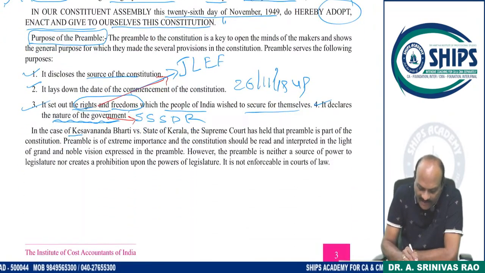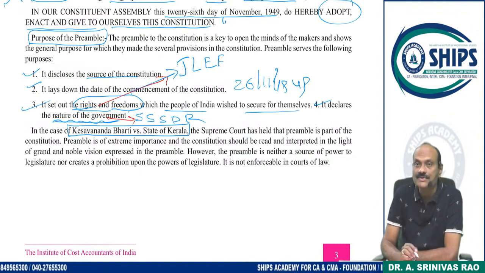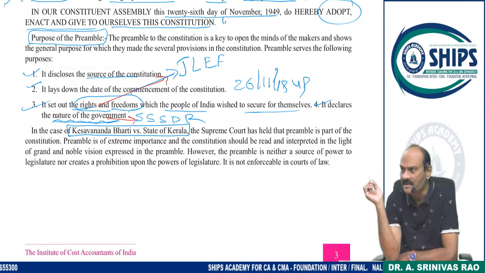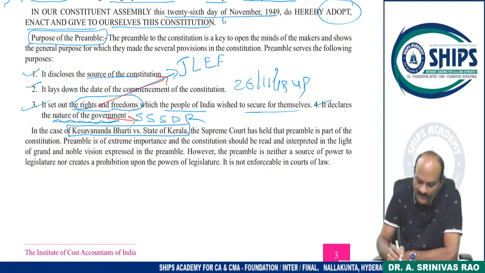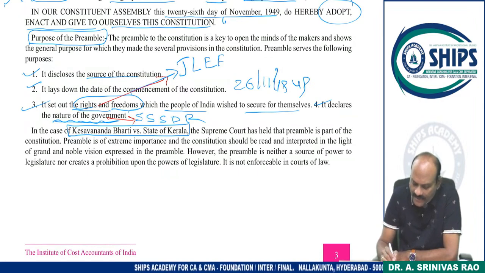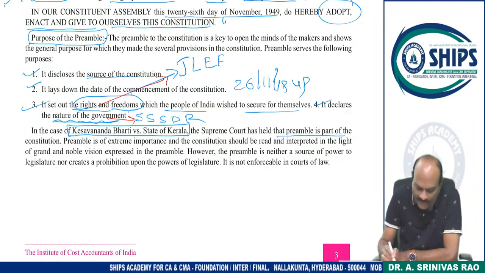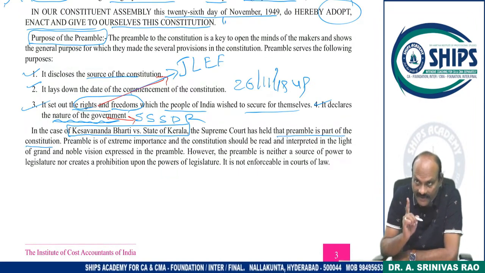In the case of Kesavananda Bharati versus State of Kerala, this was the case you will eminently come across, and at different times this case came up in the court of law. What does it mean? The Supreme Court held that the preamble is a part of the Constitution of India.